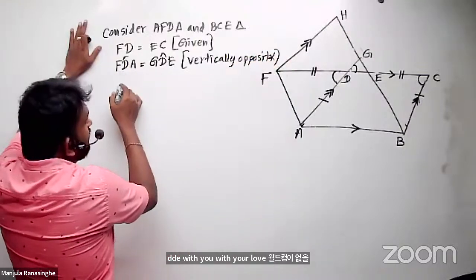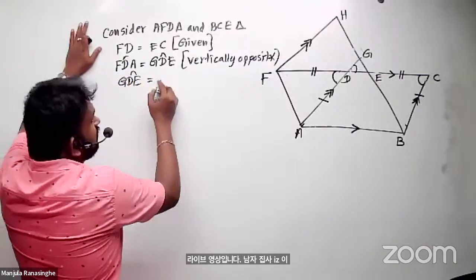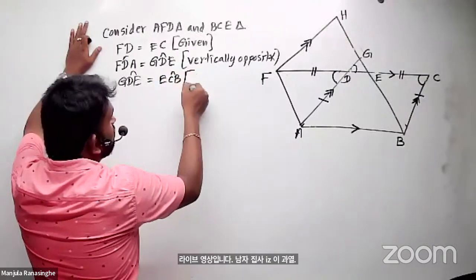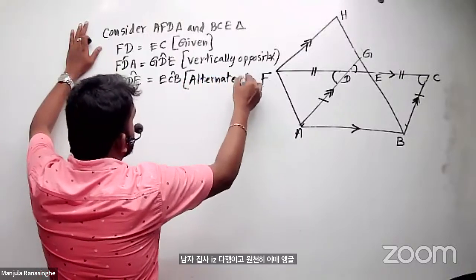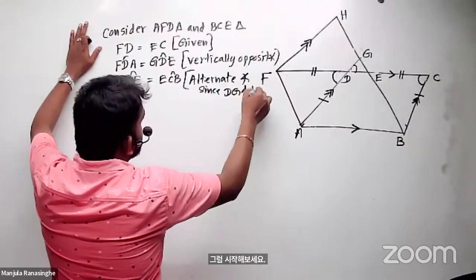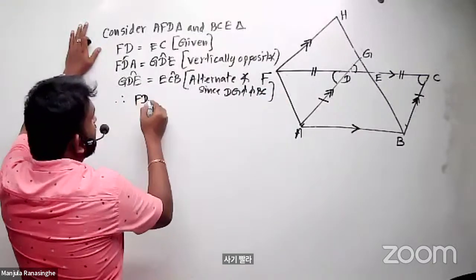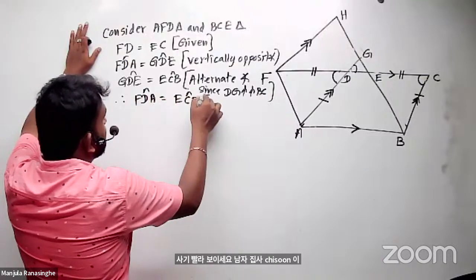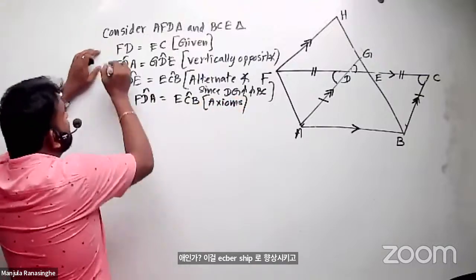Then you can say that angle GDE equals angle ECB, alternate angles, since DG is parallel to CB. Therefore, angle FDA equals angle ECB, by the axioms. Now, this is the first component.